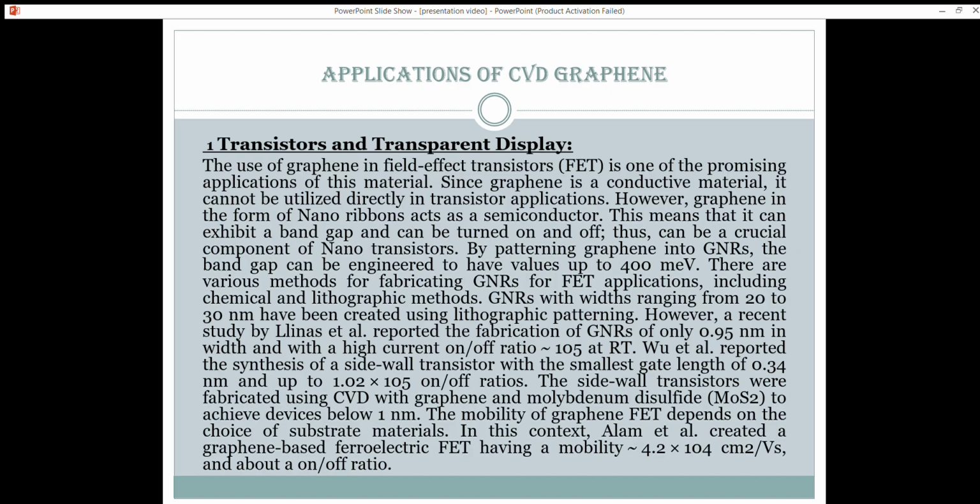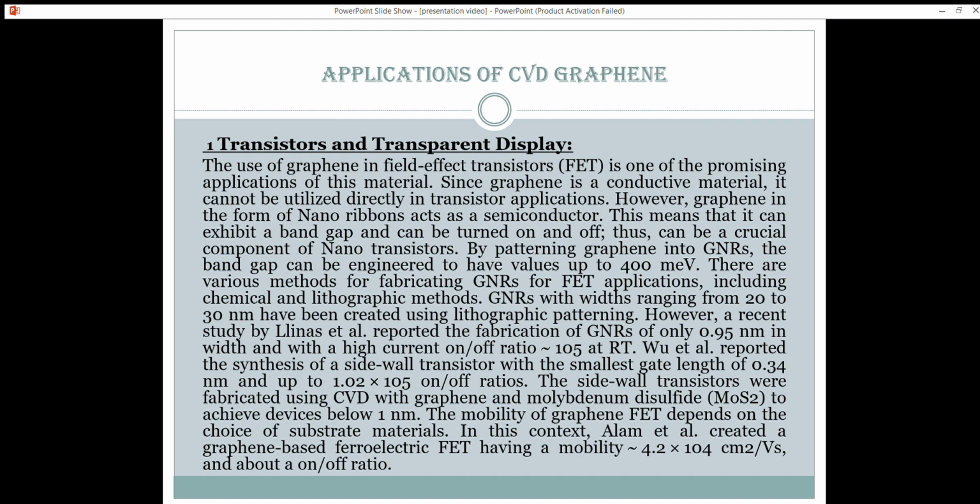Wu reported the synthesis of sidewall transistors with the smallest gate length of 0.34 nanometer and up to 1.02 × 10^5 on and off ratio. The sidewall transistors were fabricated using chemical vapor deposition with graphene and molybdenum disulfide to achieve devices below 1 nanometer.